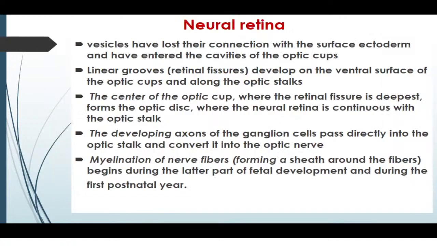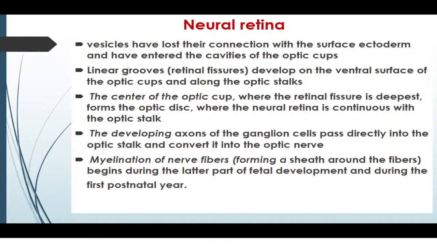Well, what about the neural retina? The vesicles have lost their connection with the surface ectoderm and have entered the cavities of the optic cups. Linear grooves, the retinal fissures, develop on the ventral surface of the optic cups and along the optic stalk.